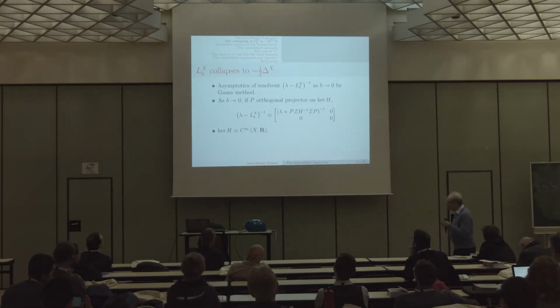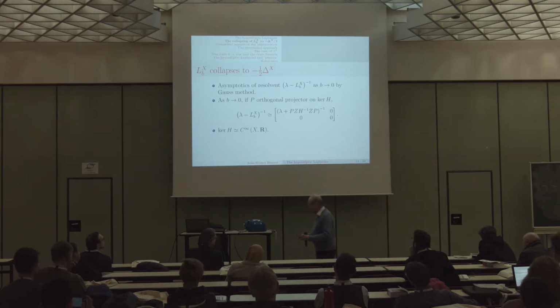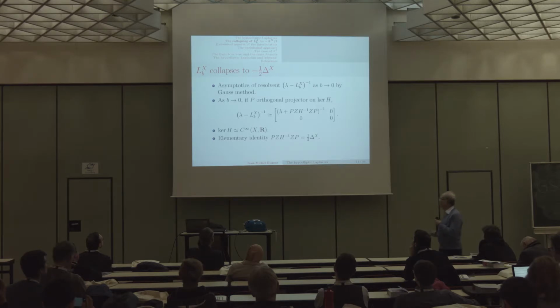Now, in our case, what is the kernel of the harmonic oscillator? I told you these are functions which are Gaussian along the fiber. But functions which are Gaussian along the fiber, they come from the base. So the kernel of H can be identified with smooth functions on X. And now, if in our case you just do this elementary computation, you find that P Z H^{-1} Z P is given by half of the Laplacian.